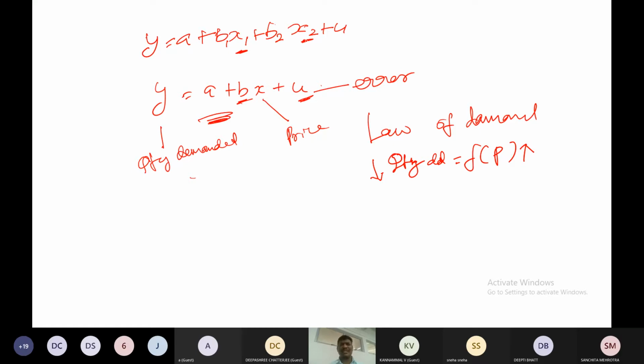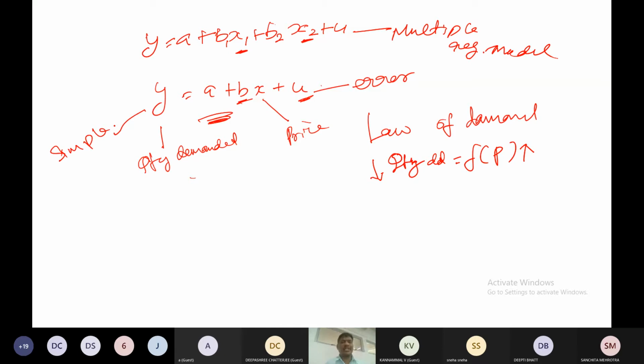You can take any example. This is the multiple regression model, and the other one is the simple regression model.